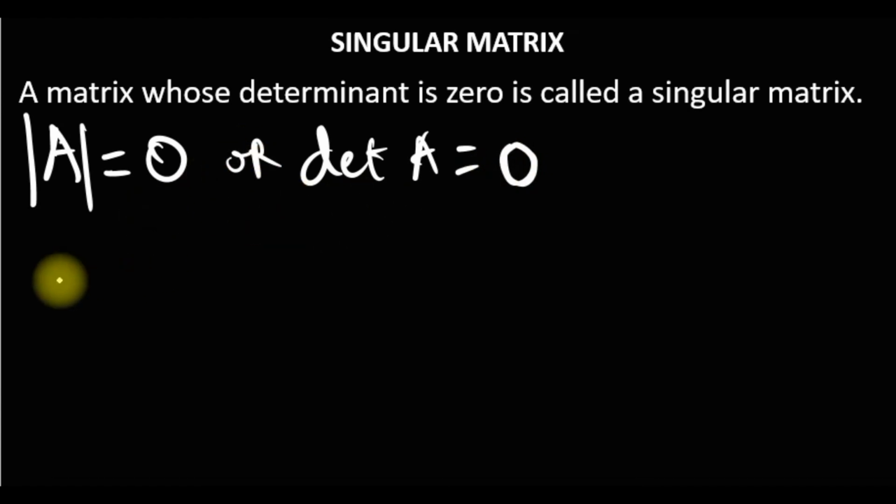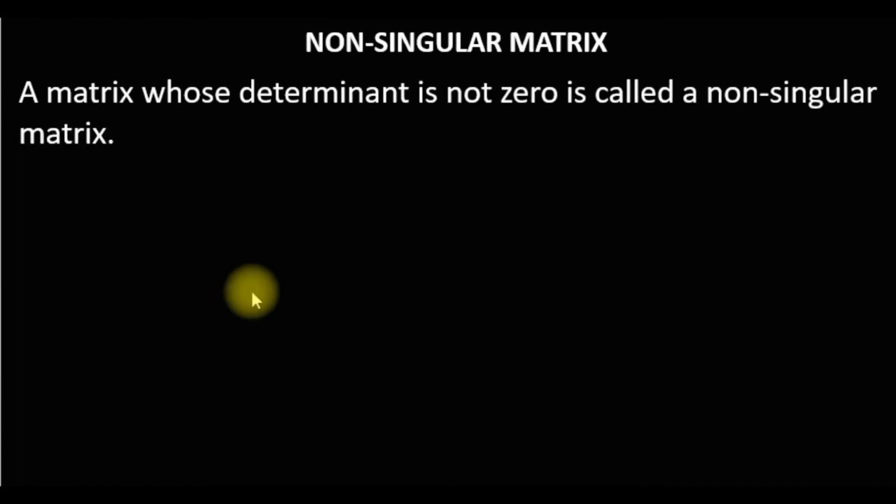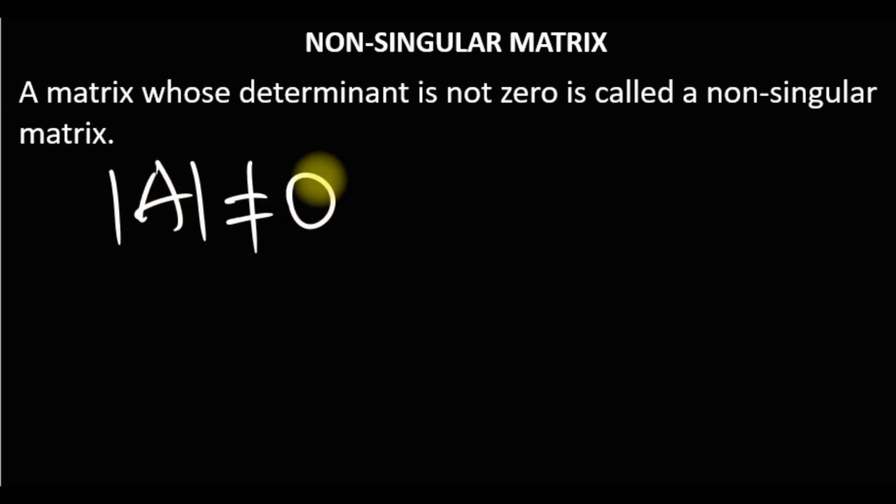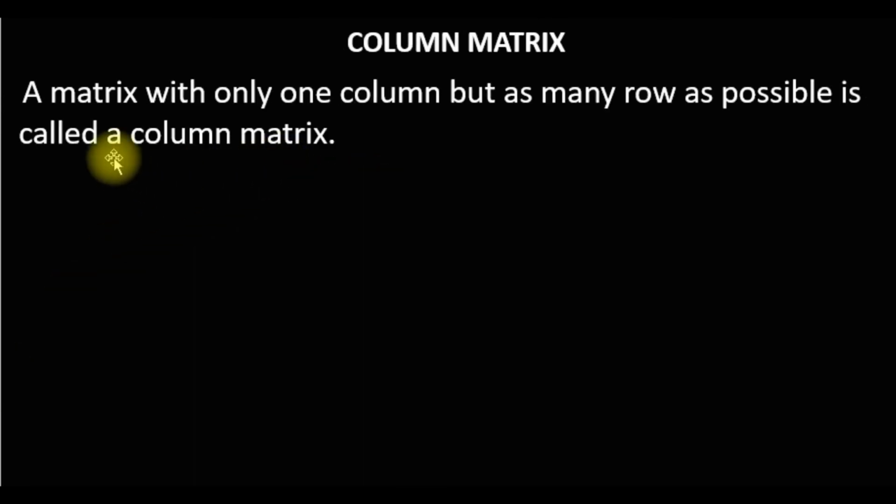So that's it. While the opposite, the non-singular matrix, is when the determinant is not equal to 0.